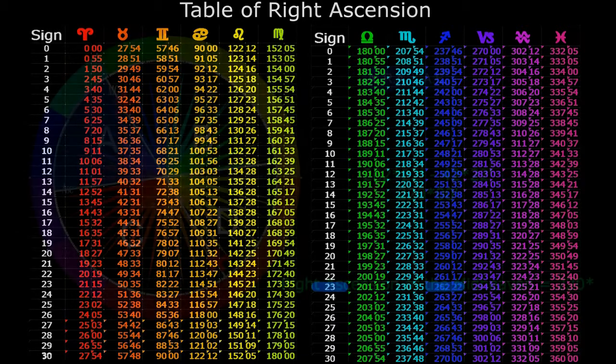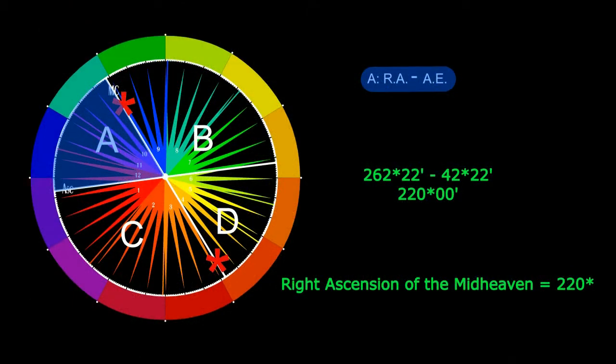And basically after we find that, you just plug in those numbers in the formula. So we get 262 degrees, 22 minutes, minus 42 degrees, 22 minutes, which will give us the answer of 220 degrees. And this is the right ascension of the midheaven.